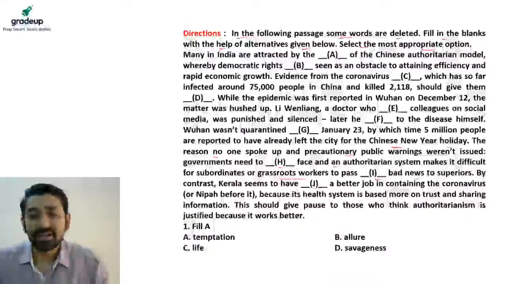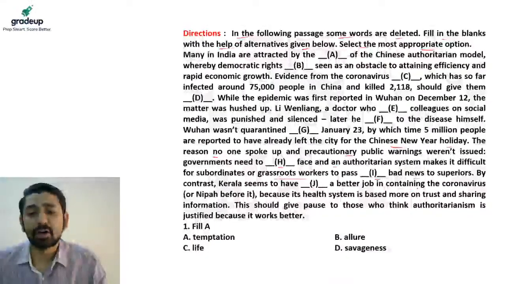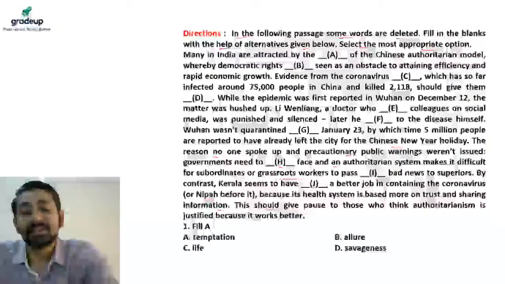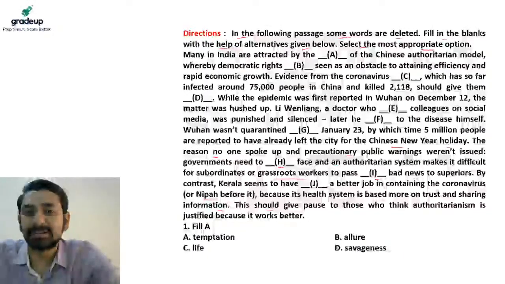By contrast, Kerala seems to have dash a better job in containing the coronavirus or Nipah before it, because its health system is based more on trust in sharing information. This should give pause to those who think authoritarianism is justified because it works better.